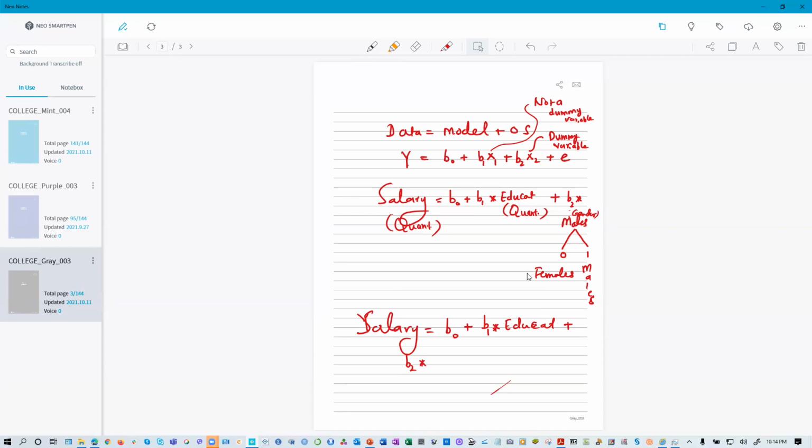Let's say I'm going to put one of the levels of that particular categorical variable. I'm going to say females. You can write it that way too. That's the kind of discussion we have built up over here.